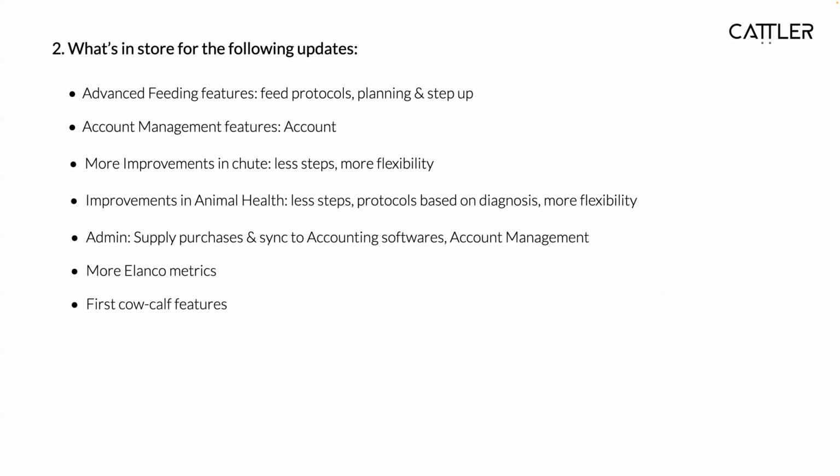Also, we will continue to do some improvements in animal health. We have been thinking about how we can make it a little bit more useful, even for the veterinarian. So giving more power to the protocols, in the sense that they're more based on the diagnosis, and you can define, in the first treatment, I'm going to put this type of drugs, and in the second and third treatment, I'm going to put this other type of drugs.